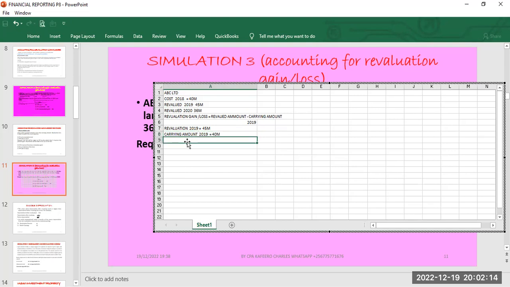So now here, we are seeing that the revalued amount is higher than the carrying amount. So we have a revaluation. We have a revaluation gain, which will be the difference. It will be equal to the 45 million less the 40 million.